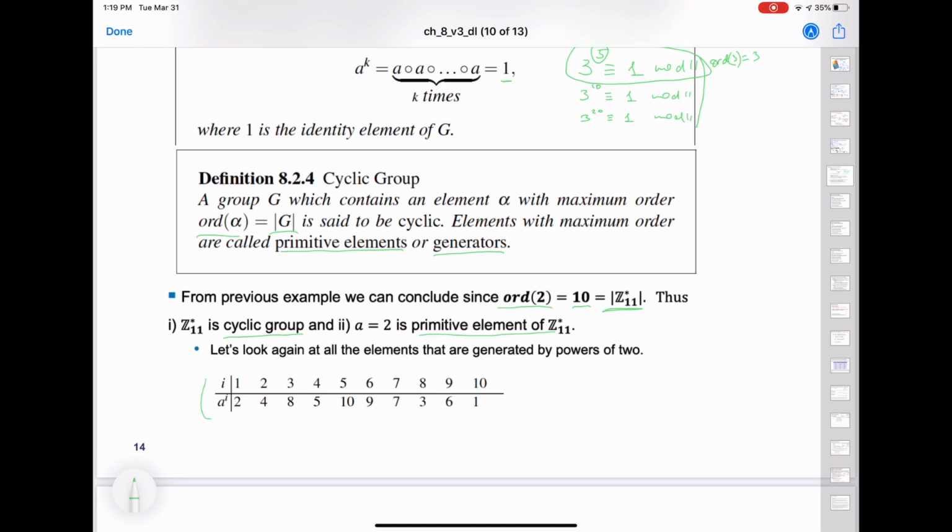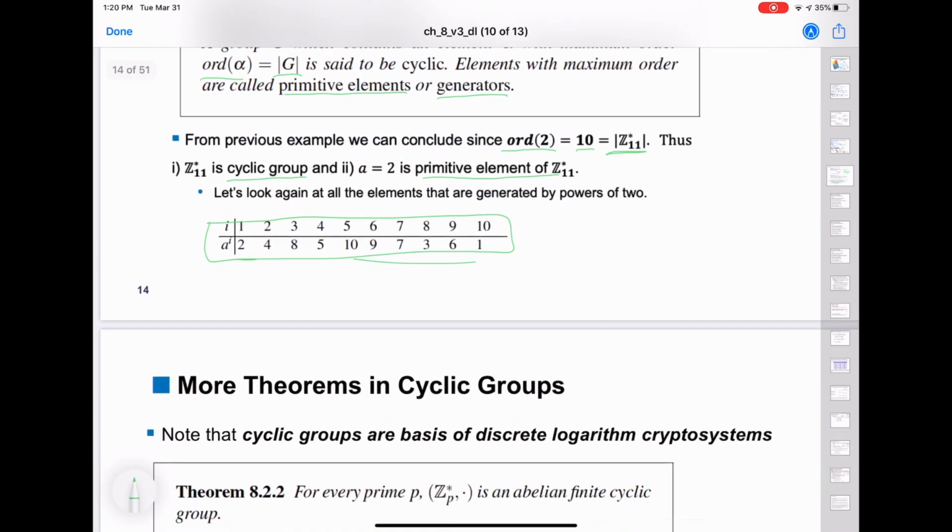If you see this chart, it will give you the idea. For example, if i is equal to 1, 2 to the power of 1 is 2, 2 to the power of 2 is 4, 2 to the power of 3 is 8, 2 to the power of 4 modulo 11 is 5. So you see, what does 2 generate? 2 generates all elements over there.